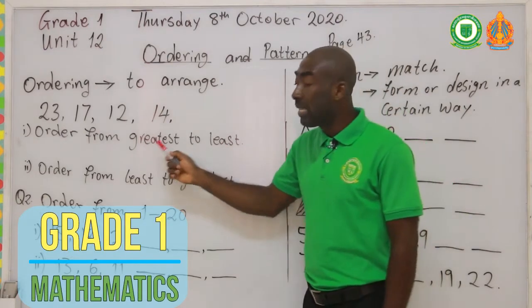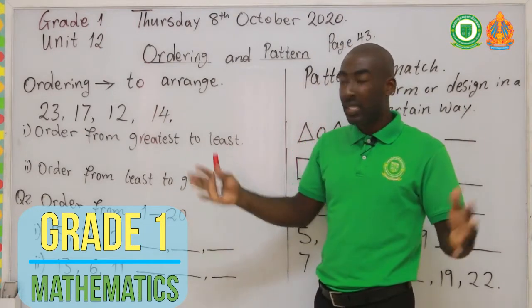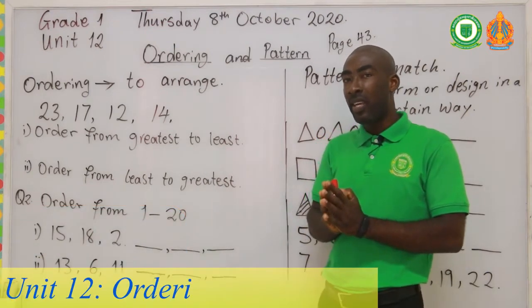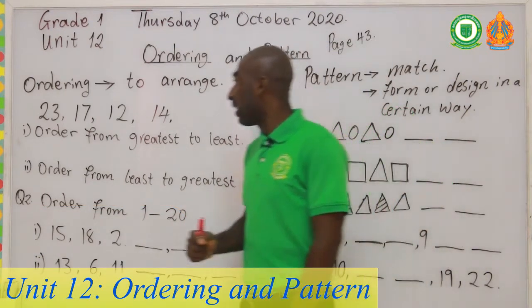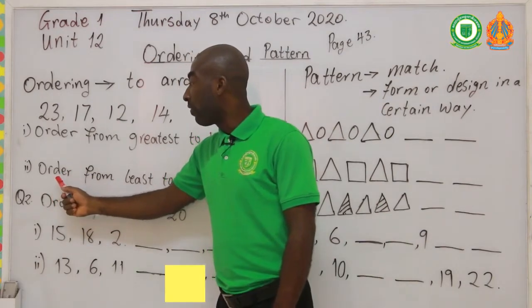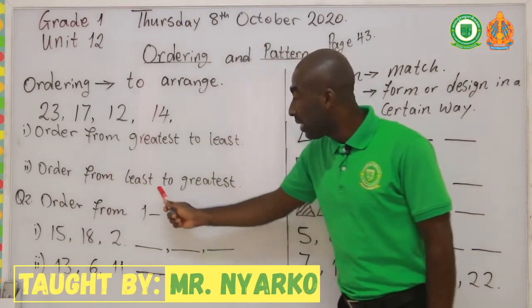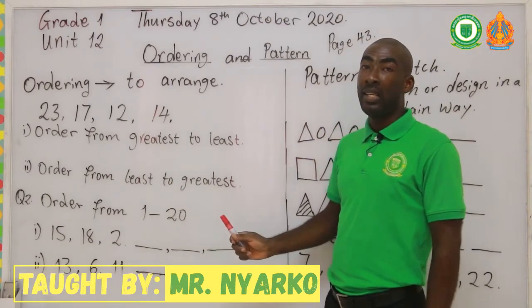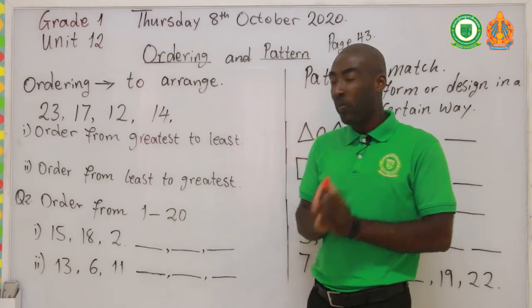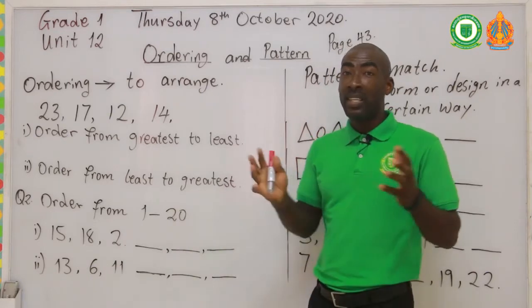So greatest means the biggest and least means smallest. Okay, very good. Now you understand that one. So the next instruction also says that we have to order from least to greatest. So what did I say about least? Least means small and greatest means the biggest.